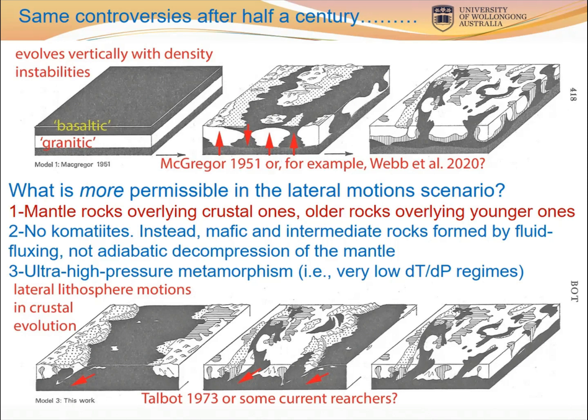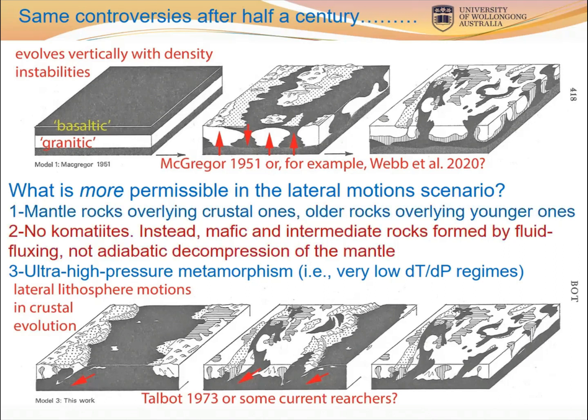When you look at mantle rocks overlying crustal ones, you really need lateral motions of the lithosphere to do that. And basically, there's no doubt that one has that when one looks at the early record, as I showed from one of the field photos before.